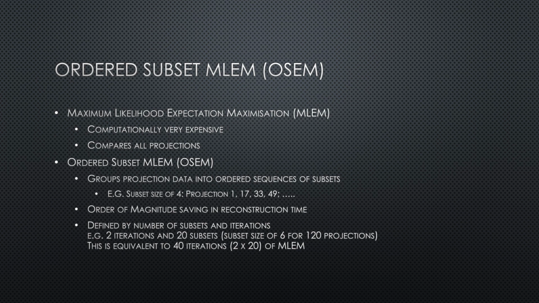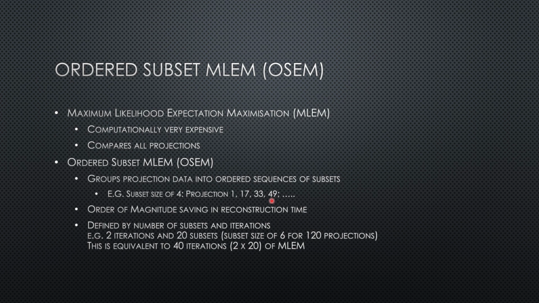So instead, we use this ordered subset MLEM technique. And what we do here is that we group projection data into ordered sequences of subsets. So for example, if we choose a subset size of 4, we'll do this sub-iteration, just comparing projections 1, 17, 33, 49.